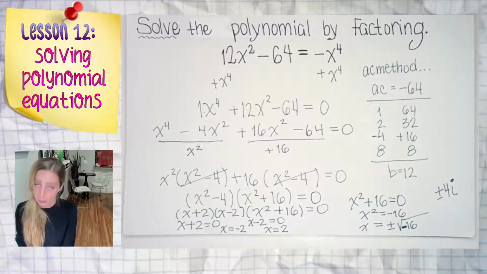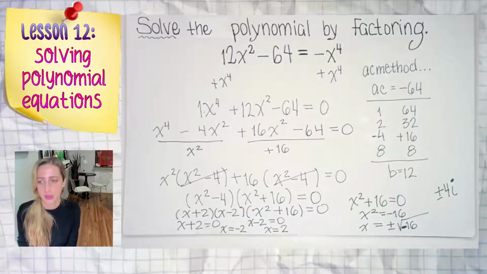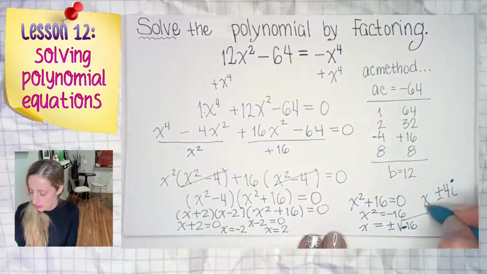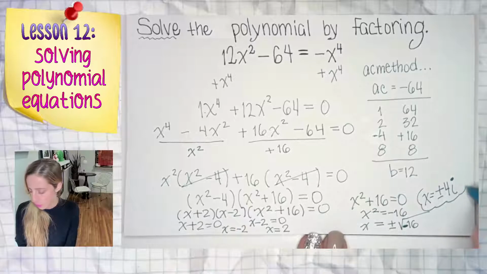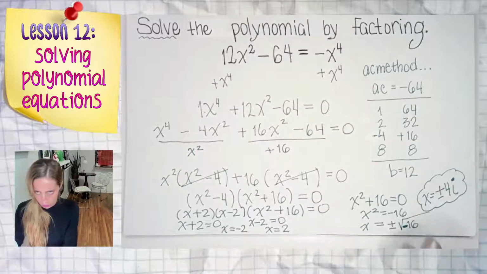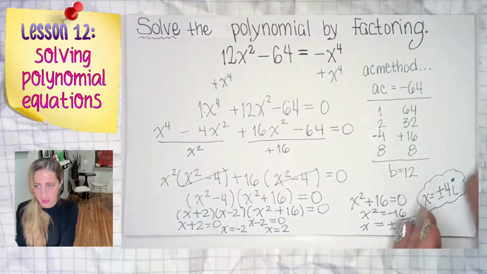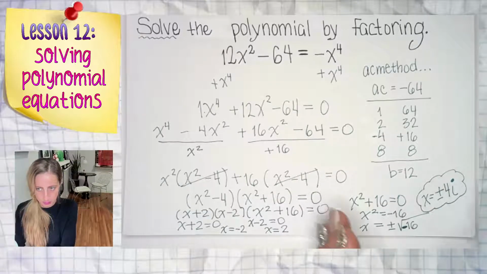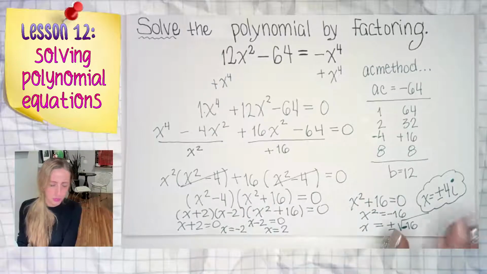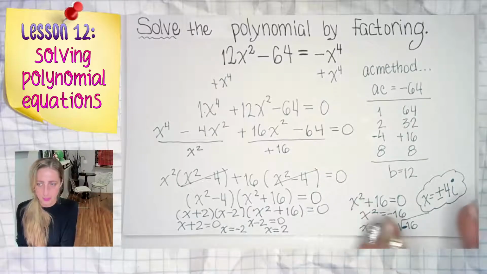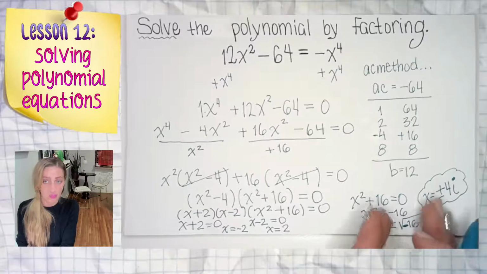So we put the imaginary unit i right there next to it, which really represents the square root of negative 1. So here we have two answers, x equals positive 4i and negative 4i. If you know this is not something you're being assessed on, imaginary numbers, you're on a different trajectory at the moment, then you could just write no real solution for this part. But this is also acceptable, or better even.